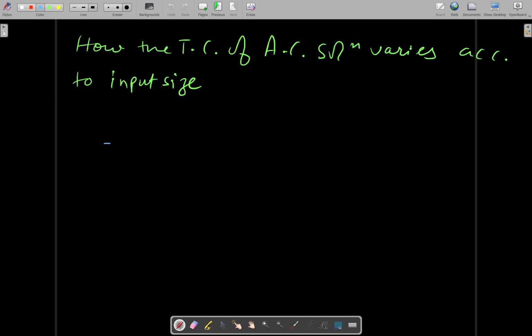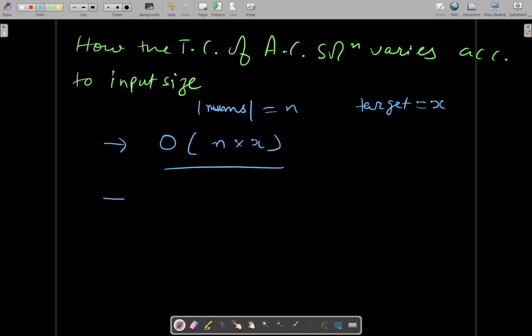So the overall time complexity of such an approach will be, let nums be an array of length n and target be x, then the overall time complexity will be n into x, and the space complexity that will be used will be O of x.